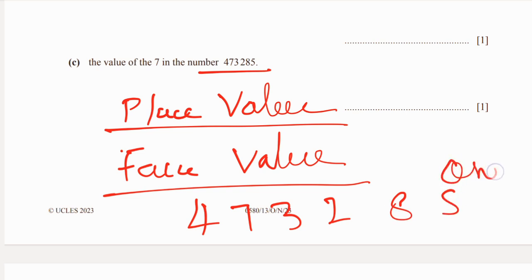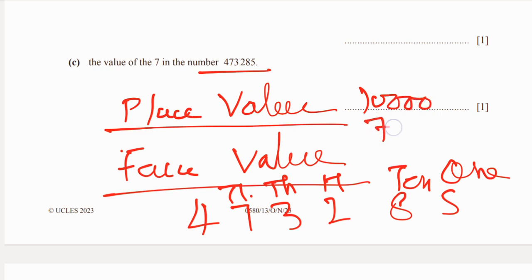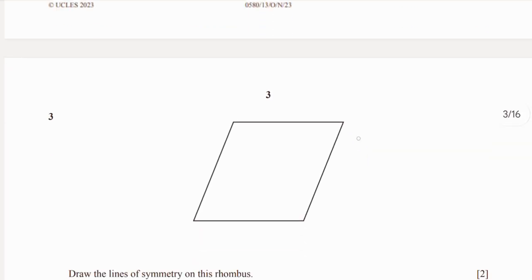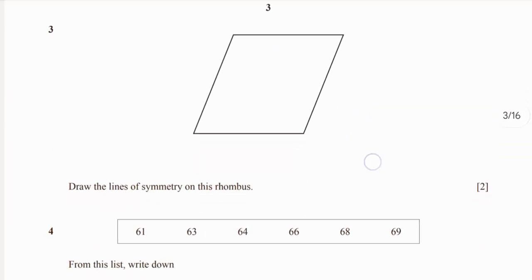So this is the 1s place, this is 10, this is 100, then 1000, and then 10,000. So 7 is in the ten-thousands place, and because 7 is written there, the answer is 70,000, which is the place value.